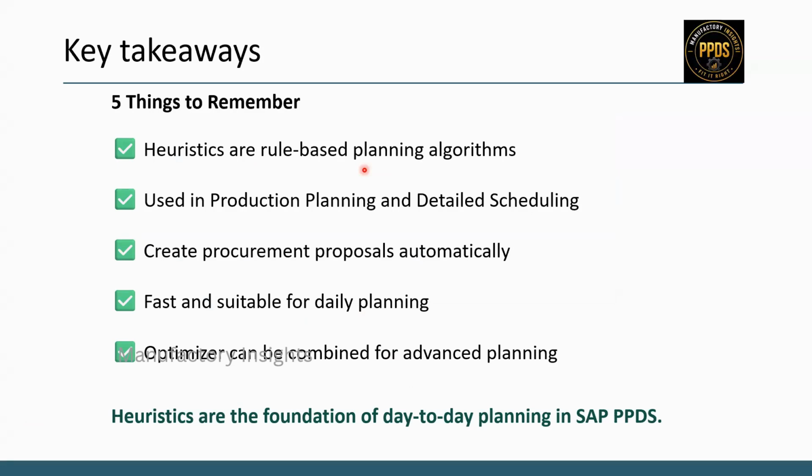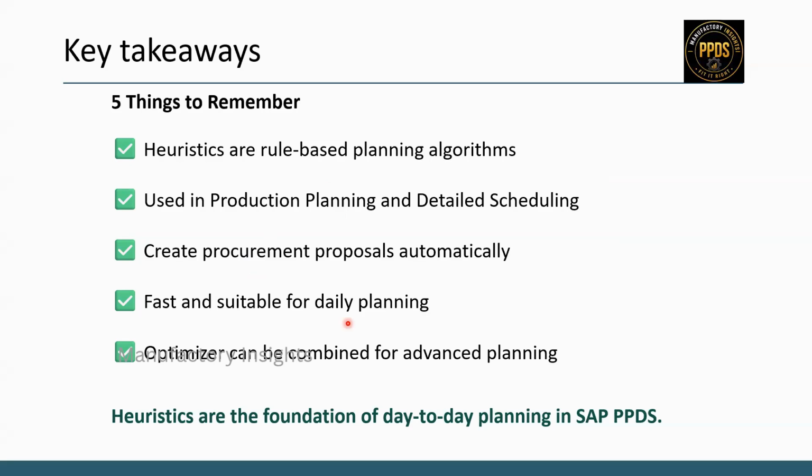Before we conclude, let's summarize the key points. Heuristics are a rule-based planning algorithm used in SAP PPDS. They automatically generate supply proposals based on demand. They are fast, efficient, and suitable for daily planning activities.